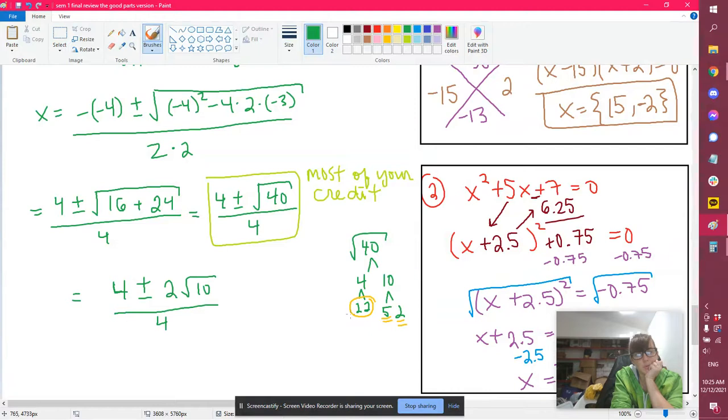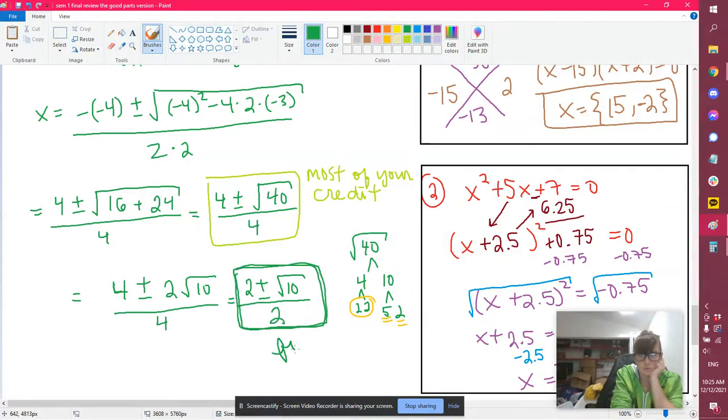The pair of 2's come out as a 2. The leftover 5 and 2 multiplied become 10. And now we can divide every single thing by 2 and get our actual final answer for full credit.